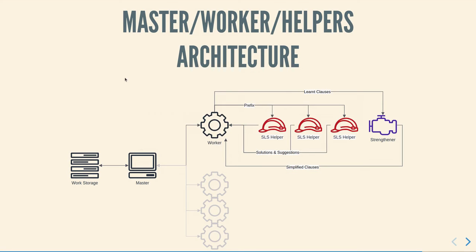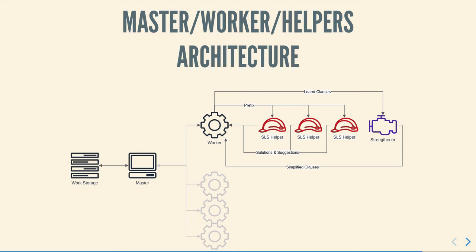So the idea is that this is the logic between the worker and the SLS helpers. Particularly, the worker, at every given depth in its search space, sends a prefix to the SLSs to say work on that prefix, and the SLSs send back suggestions for the CDCL process to use as variable suggestions in its search process itself. So that's essentially what's going on in the SAT solver class.